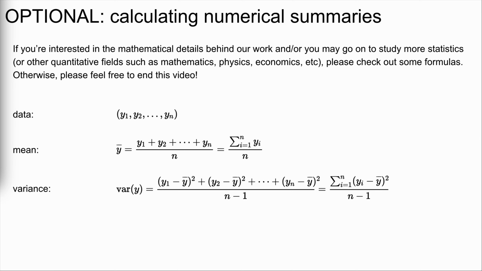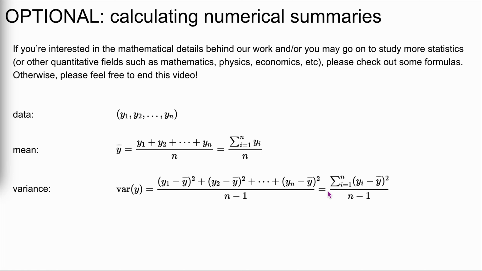Next, recall that the variance measures the typical squared distance between y values and the mean. Thus, to calculate variance, we take the squared difference between each y value and mean y bar. So y1 minus y bar squared, y2 minus y bar squared, up to yn minus y bar squared. Then we add up these squared distances and we divide by the sample size n minus 1.